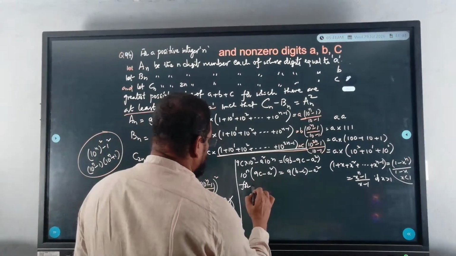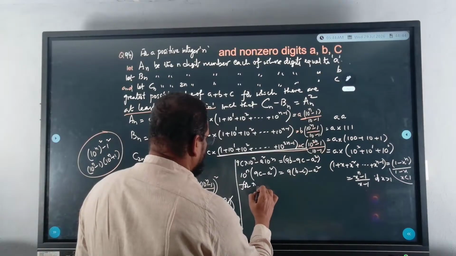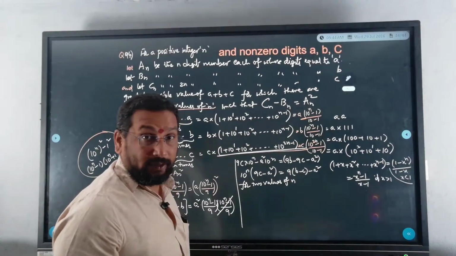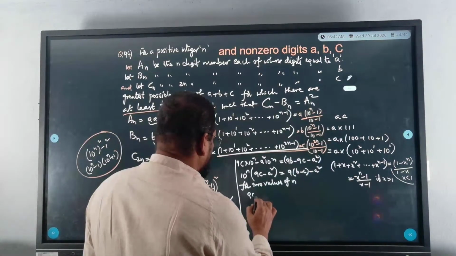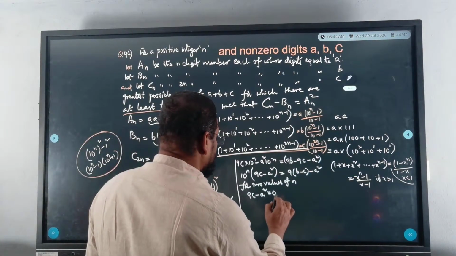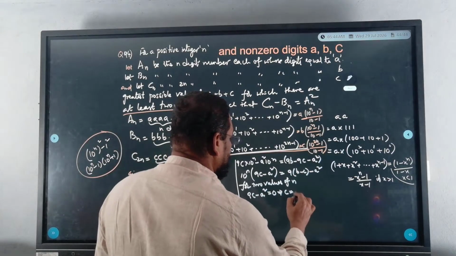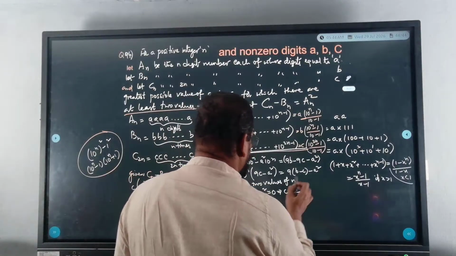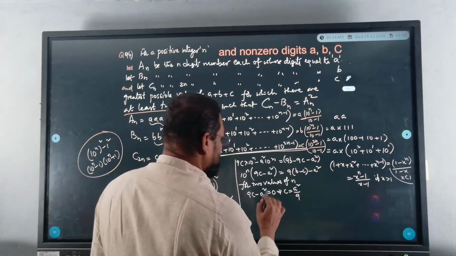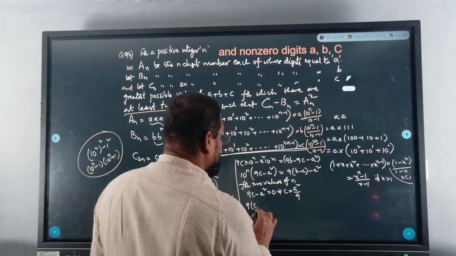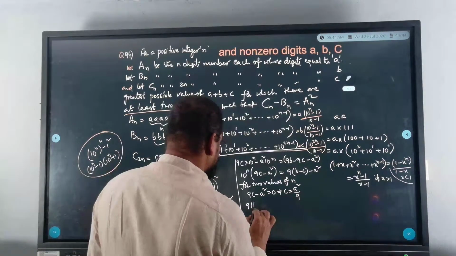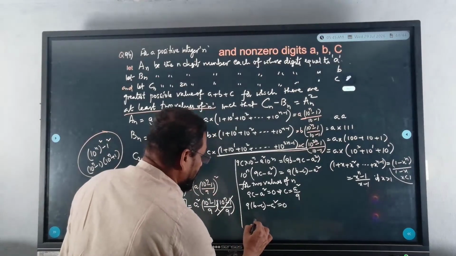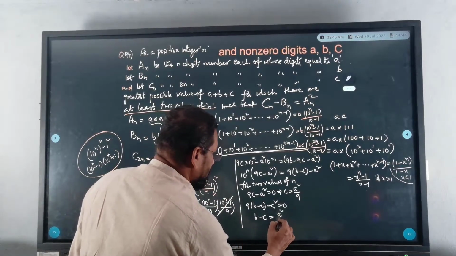Suppose it is 0 for two values of n, then 9c minus a square equal to 0, so c is equal to a square by 9. And 9 into (b minus c) minus a square equal to 0, so b minus c is equal to a square by 9.